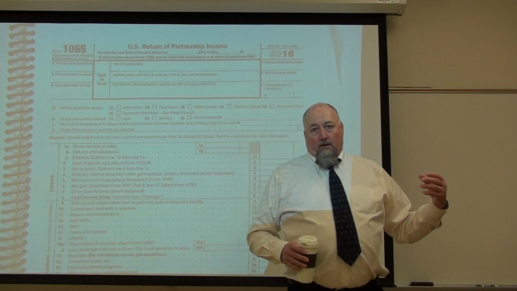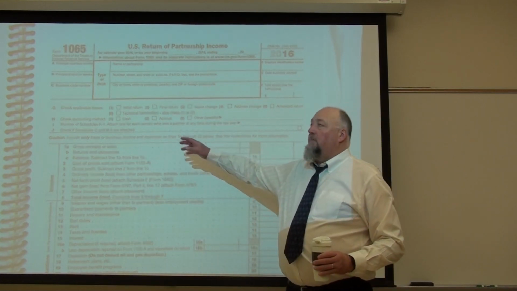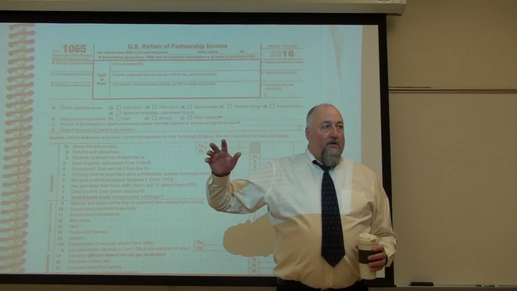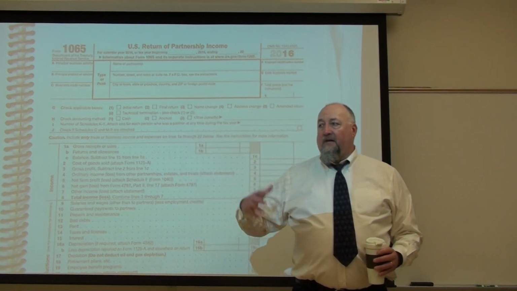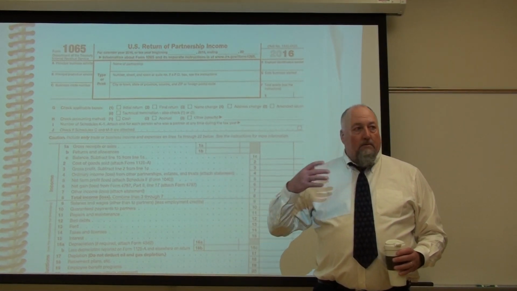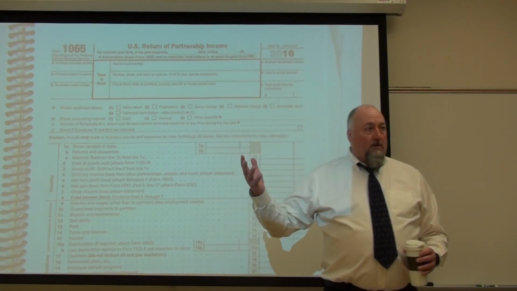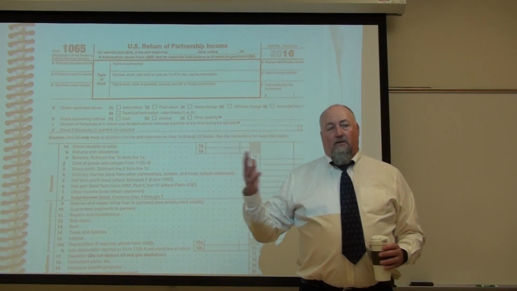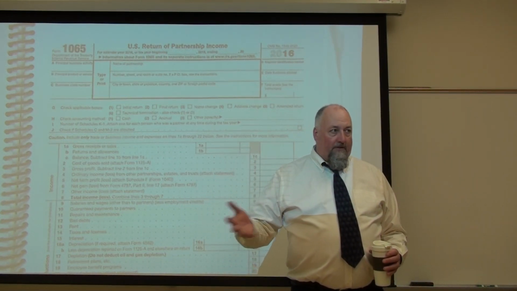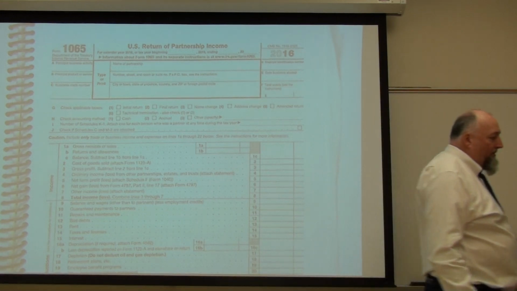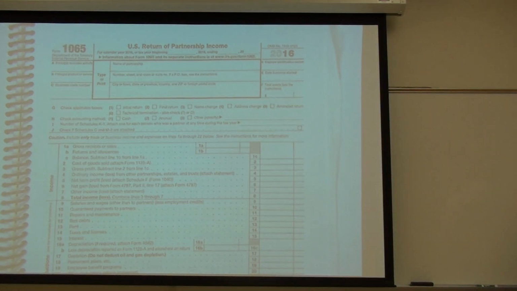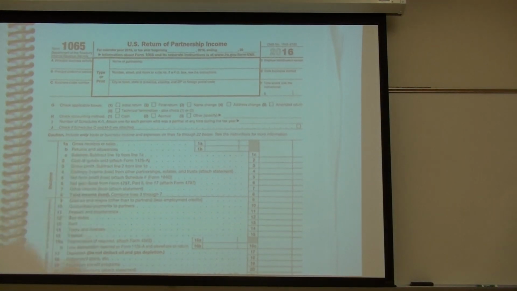So again, this is a 1065 form that is an information return. So you're going to file it with the IRS and the Department of Revenue to let them know what is the profit that needs to then show up later on the individual taxpayer. So same format. You have your gross receipts up top, your income.